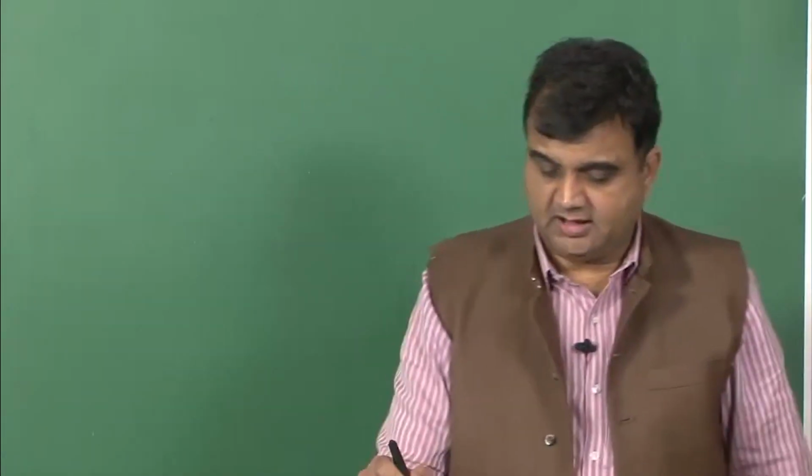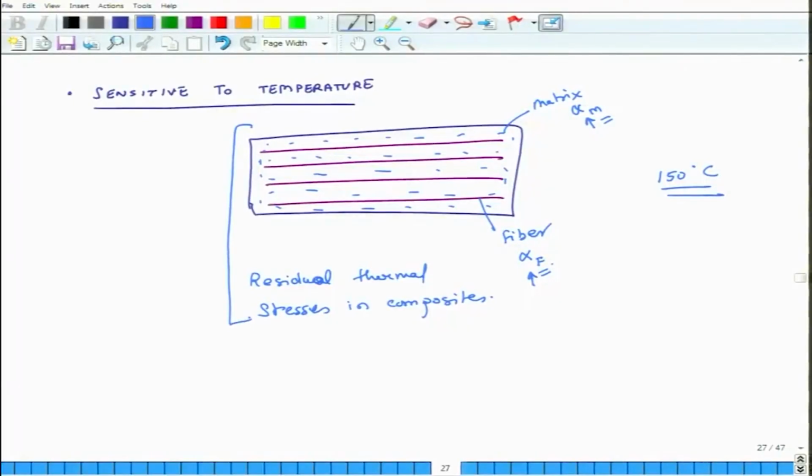It may curve. So, you wanted to make a flat plate, but you ended up making a curved plate. Okay. So, this is what I imply by being sensitive to temperature. So, you have to think about all these issues and take care of them, otherwise things can become complicated and you may not get the desired results.